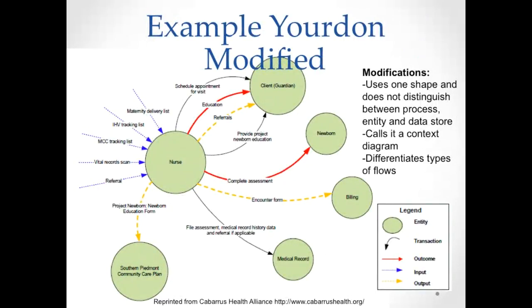So this one health system was actually in Cabarrus County, North Carolina. The Health Alliance is the public health department there, which is kind of interesting because they do a huge amount of the primary care in the region. They were doing some process re-engineering, and they had some really good examples on the web of using Jordan notation.